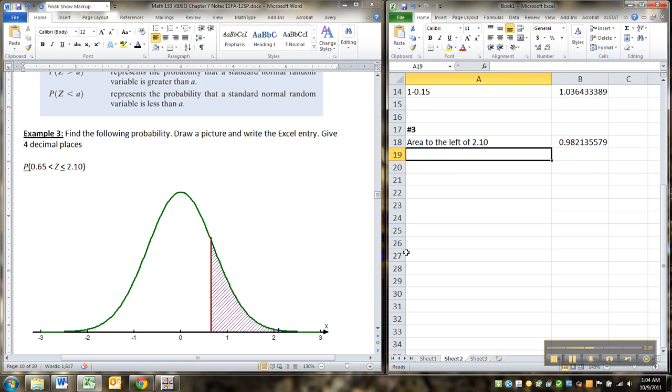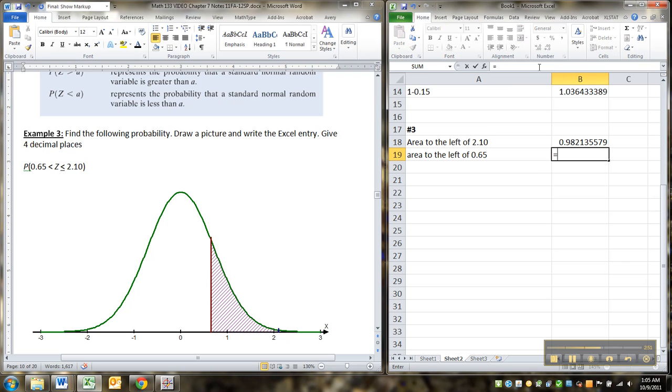All right. So think about what that means. Here's 2.10 right here. All of this stuff, the shaded part and the unshaded part, makes 0.98. Well, how could I find just the shaded part? Well, I could also find the area to the left of 0.65.